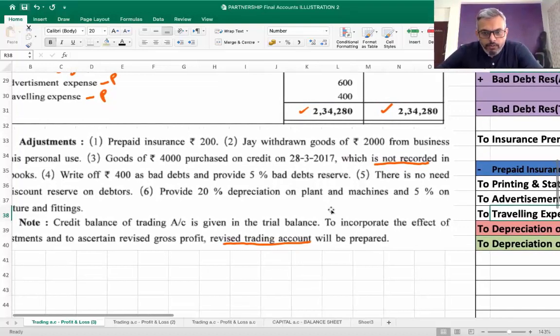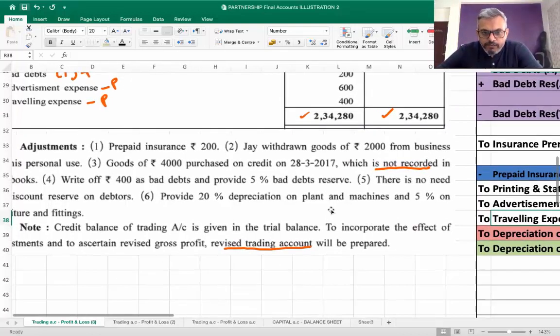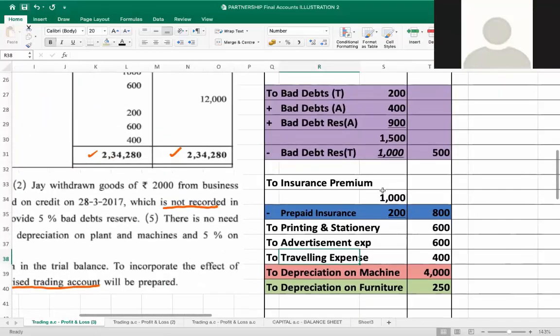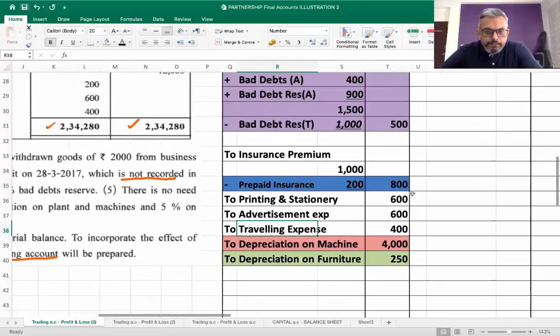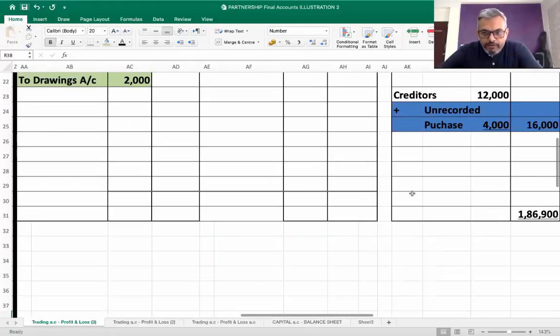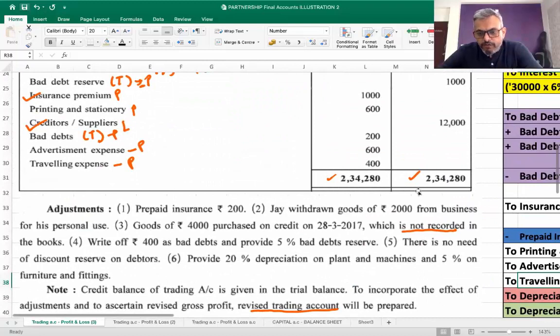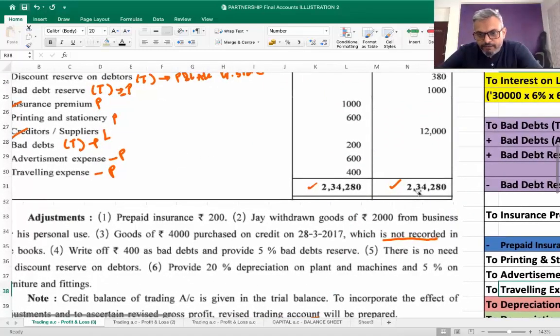Okay, go through it once before you start closing. Insurance, what happened? Prepaid insurance 200 given. Then Jai withdrew goods of 2,000 from business for his personal use.